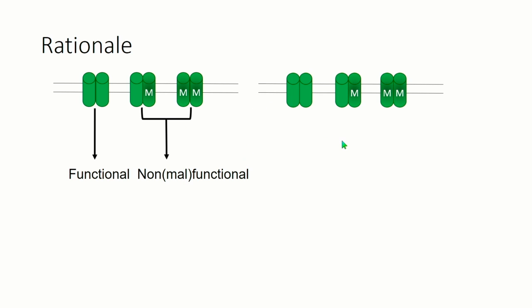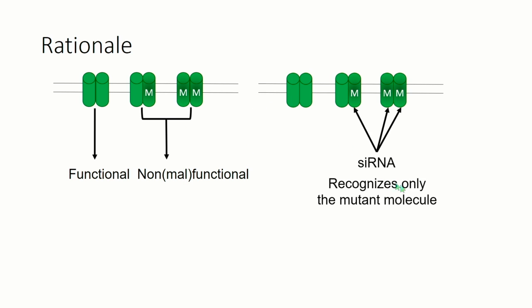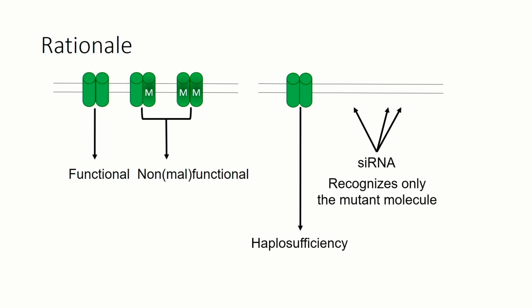So the idea was that if we were able to design a siRNA so specific to recognize only the mutant nucleotide, we should be able to eliminate the mutant homodimers, leaving only the normal homodimers. And this gene is known to be haplosufficient, and this should lead to a normal phenotype. So this was our rationale.